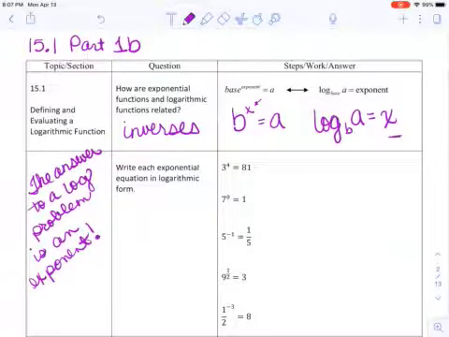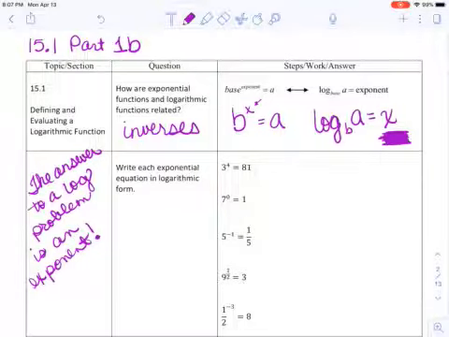No matter what I'm doing, if I'm writing it in log form, the thing that goes over here, where I've underlined this x a bajillion times with my purple, that is where the exponent goes. Again, this would be log base b of a equals x.